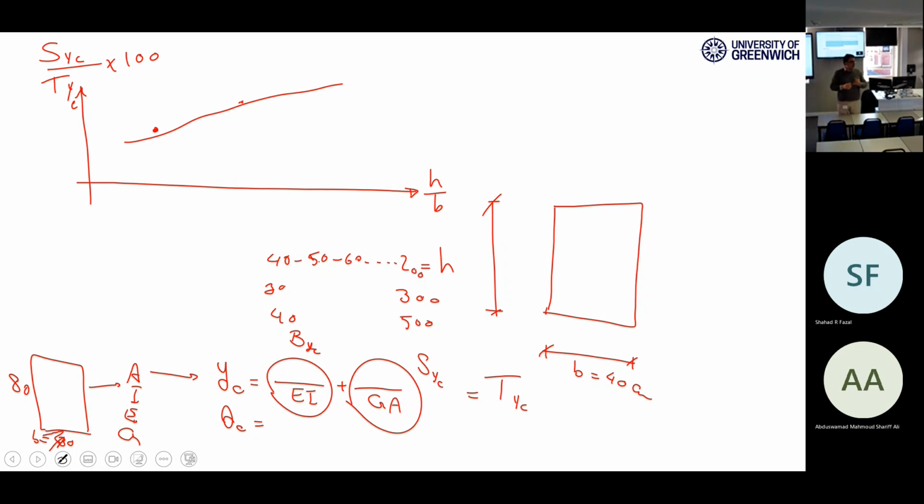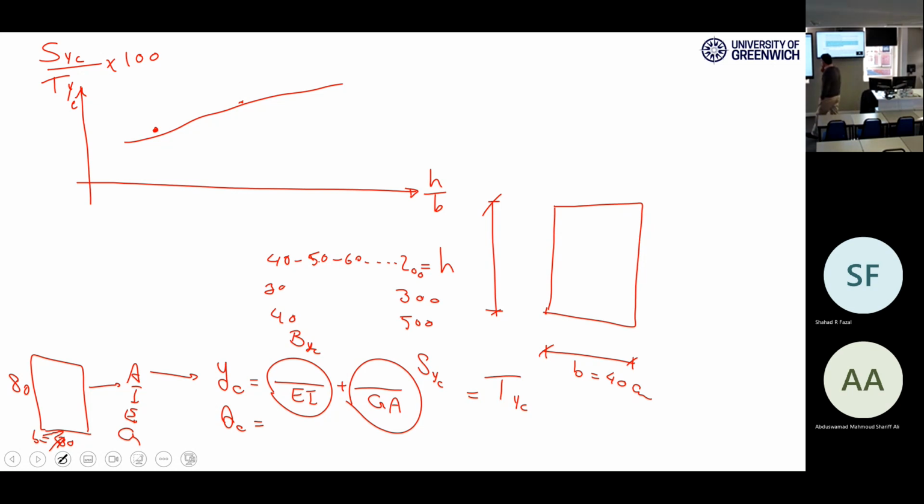You will get it for YC, you will get it for theta C, and if you like, you can do the same thing for the ratio of this one over the total. If you divide this part by the total, you will get the contribution of bending moment to the total. That would be nice as well.